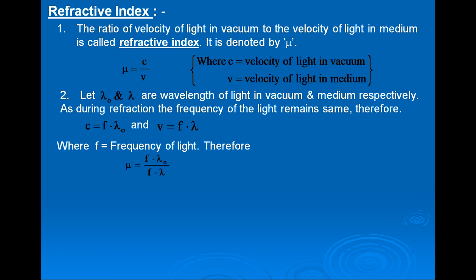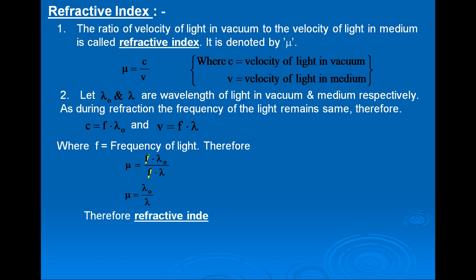Therefore, mu is equal to F lambda naught upon F into lambda, because frequency remains the same and F cancels. Therefore, we get mu is equal to lambda naught upon lambda.